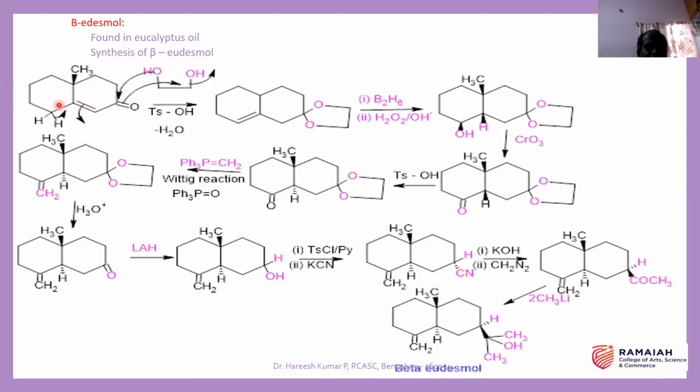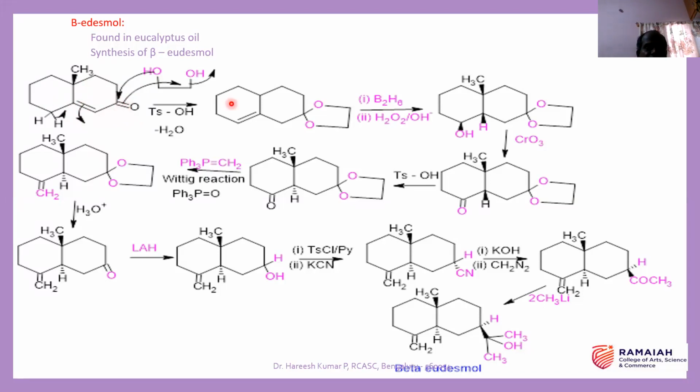If the two rings are saturated, meaning there is no double bond in this, then it's called decalin. And of course, there is a double bond here, and we can mention that double bond presence. It also contains a functional group called ketone.